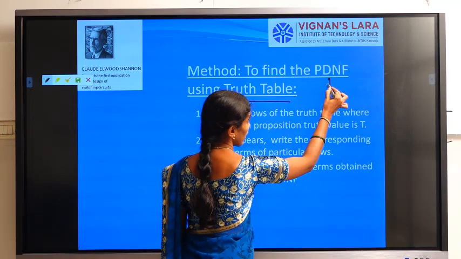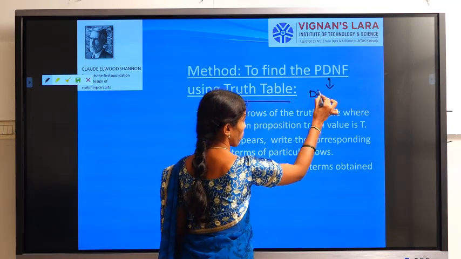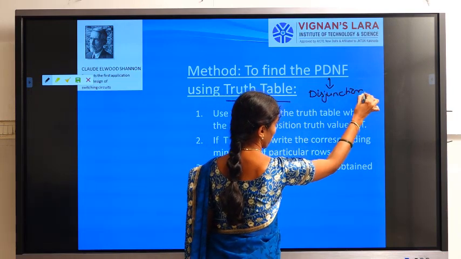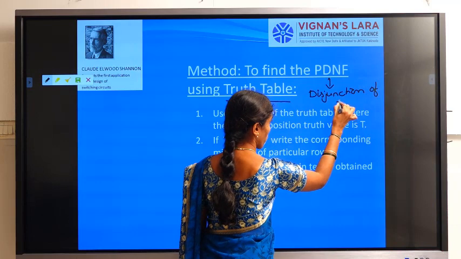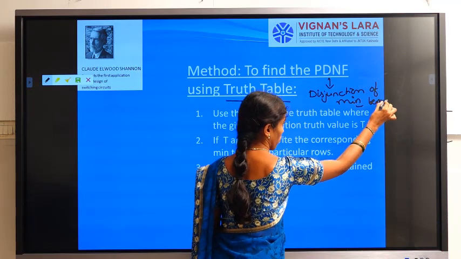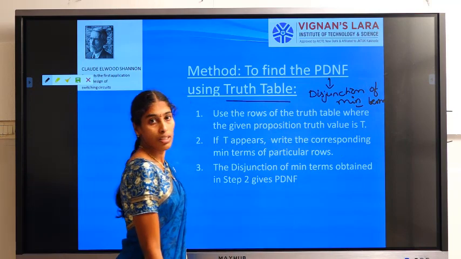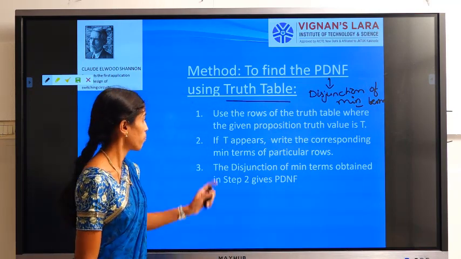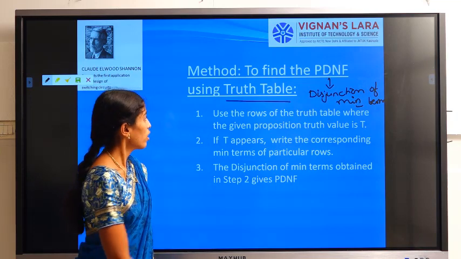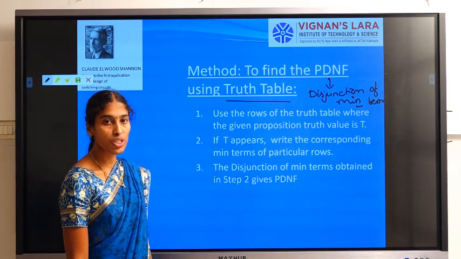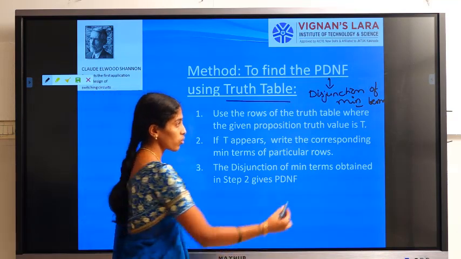What is meant by PDNF? PDNF is the disjunction of min terms. Min terms means the terms which are connected by using the AND symbol. Here the procedure is to use the rows of the truth table where the given proposition's truth value is true.